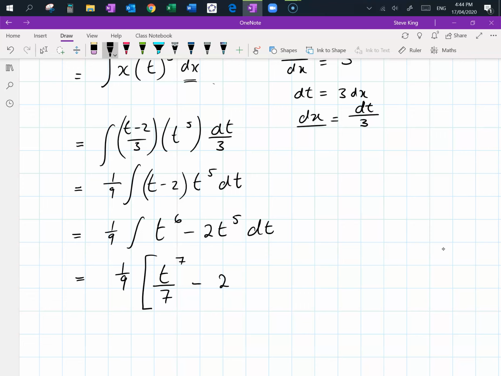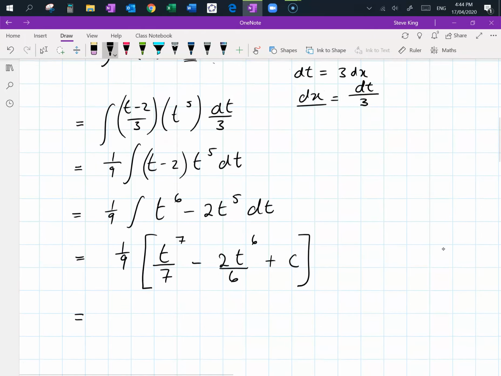And then I've got 2, it is t to the power 5, so this has got to become t to the power 6, and I'm going to put that all over 6. And then I'm going to add c to the end of that. And so, when I tidy this up now, I'm going to get t to the power 7 over 63 minus, what have we got here? 1/3 times 9.